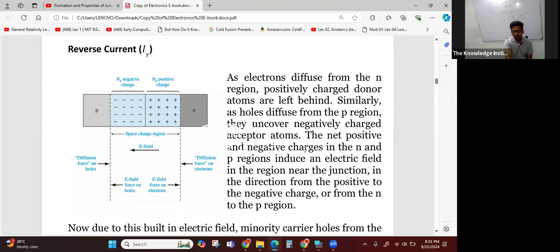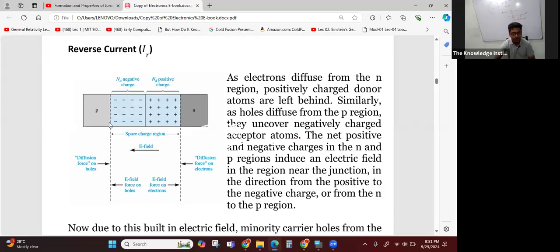The net positive and negative charge in the N and P region induce an electric field in the region near the junction. This region is actually known as the depleted region.